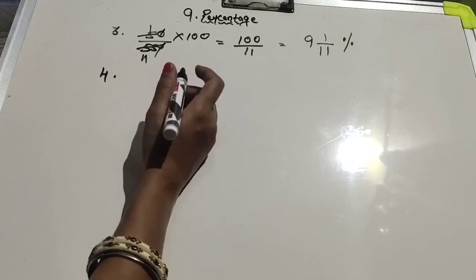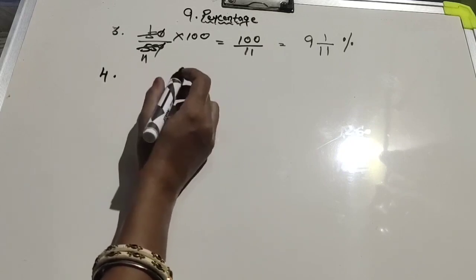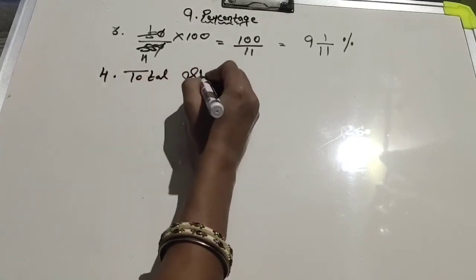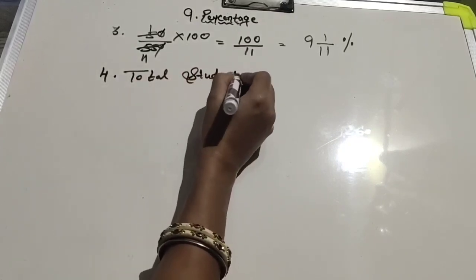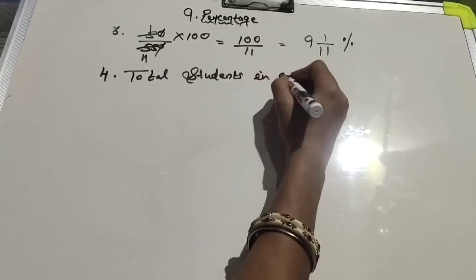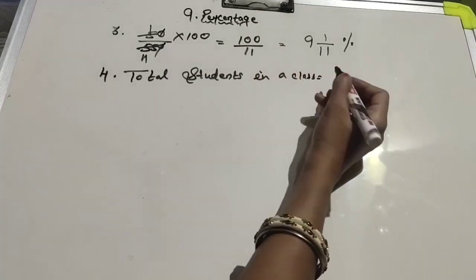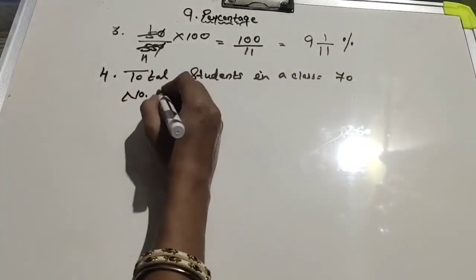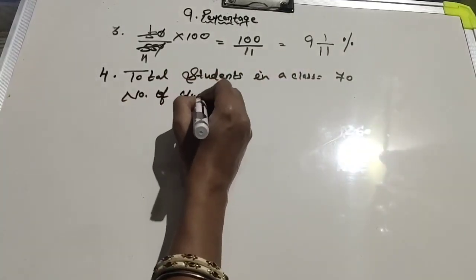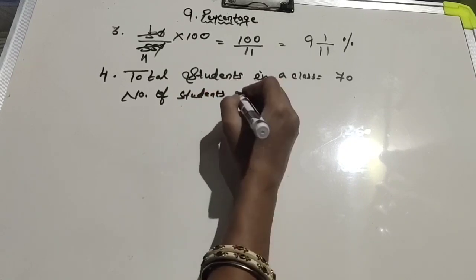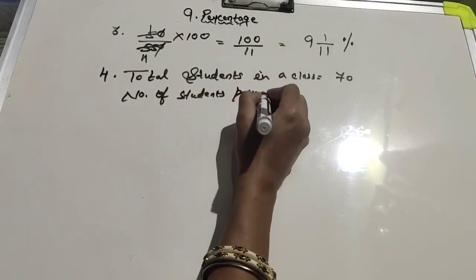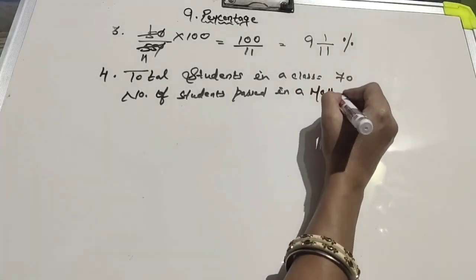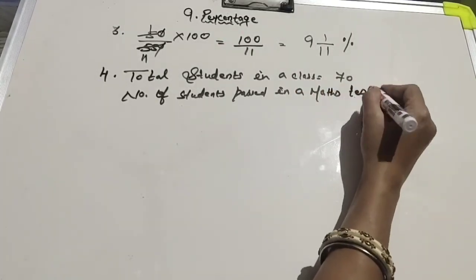First of all we will write: total students in a class is equal to 70. Next we will write: number of students passed in the mathematics test is equal to 45.